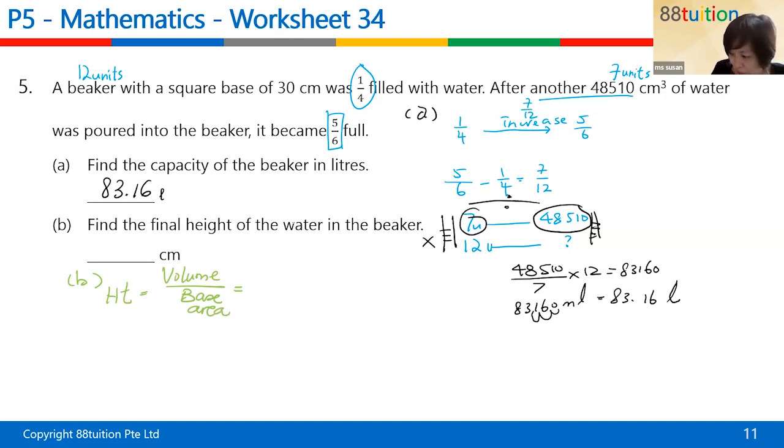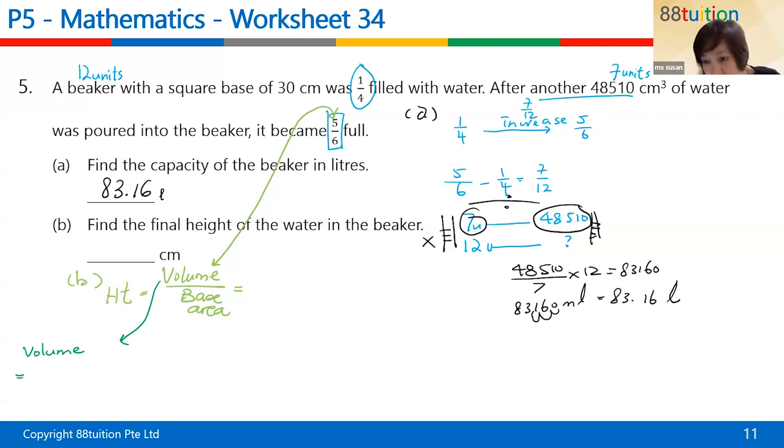So what do I need to find? Yes, I need to find the filled up volume. How much is the volume we need to find, which is this one, filled up. So to find volume, I have to do this. 6 filled up, right? So what must I do?